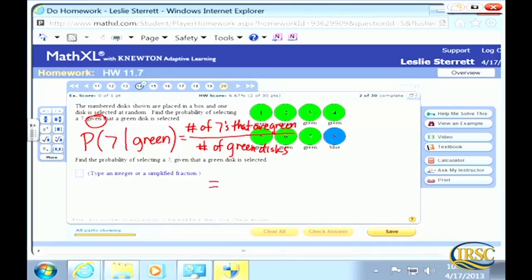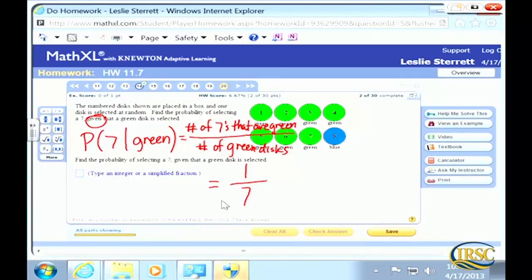Okay, so how many 7s are green? Just one. There's only one 7. And then how many of the discs are green? 7. So your probability is 1 over 7. Okay, so conditional probability. The numerator is how many they have in common of the two things that you're looking at.